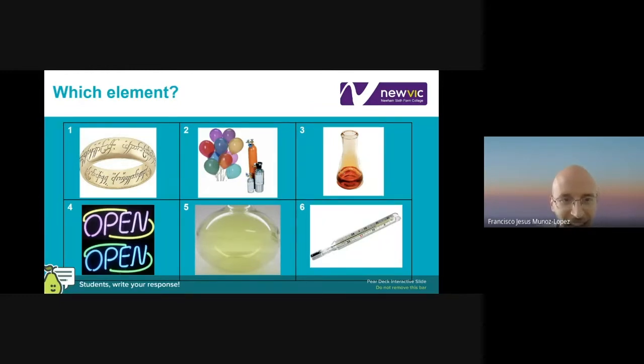Some of you are saying iodine. Okay. So for the third one, that one that is mostly orange, maybe it doesn't show well on the screen, but mostly orange liquid or orange fumes, that's bromine. And the fourth one, neon, yeah.